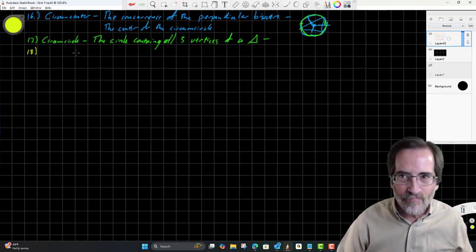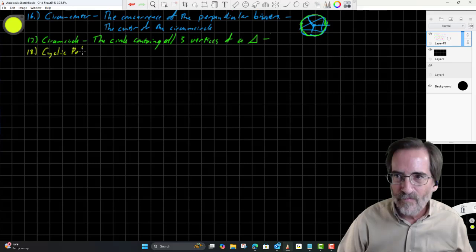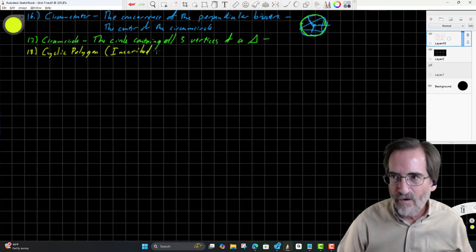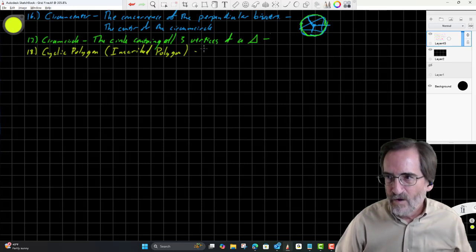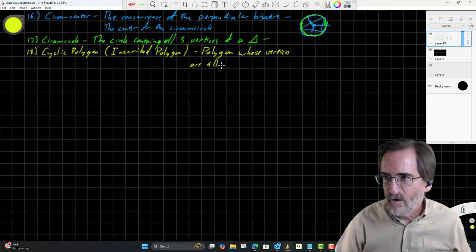Cyclic polygon. This word was new to me. What I call it is an inscribed polygon. A polygon whose vertices are all on a circle.